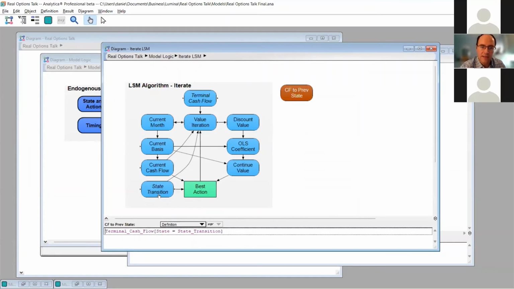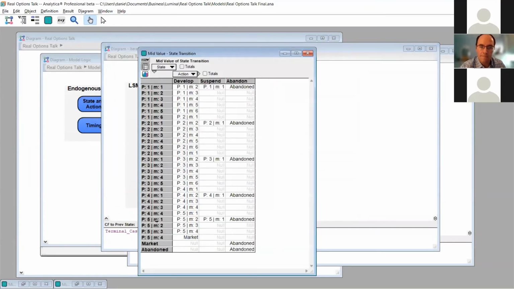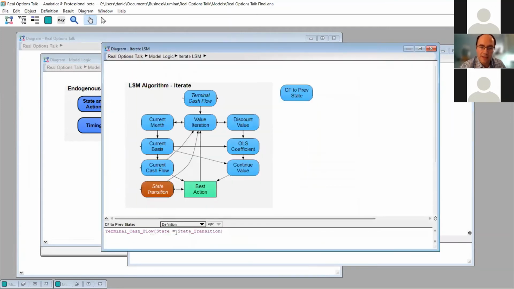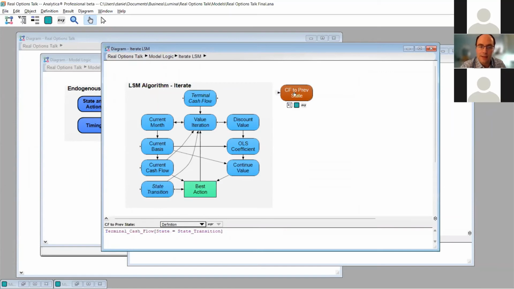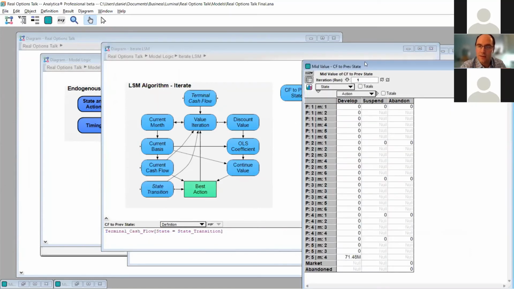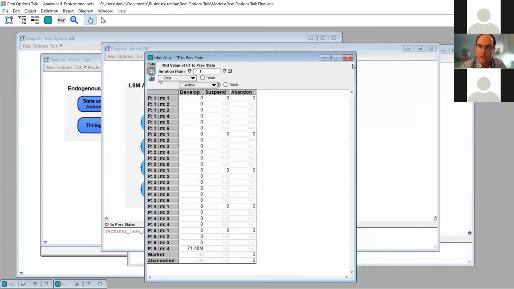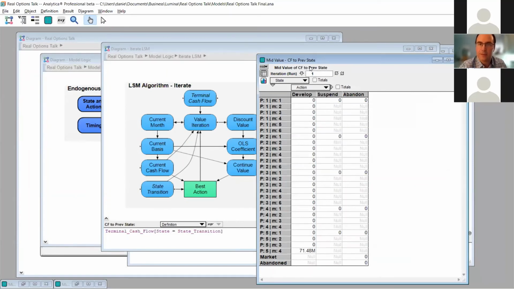If you remember the state transition, if we're in state 5, we go to market. But when we use Analytica, and I think this is so cool because it makes life so much easier, let's look at this. We have the terminal cash flow, and the terminal cash flow is indexed by state. But when we index by state transition, this will actually move the terminal cash flow back into the correct period.